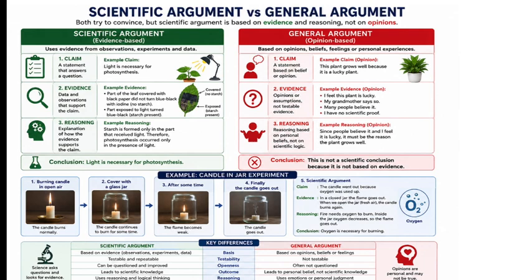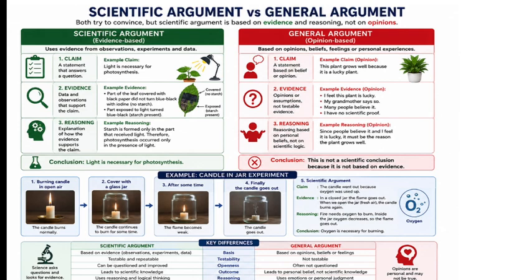We also provide the reasoning: why that part is black in color, why the other region is green, and what caused this particular result. So we explain the process and the reasons.